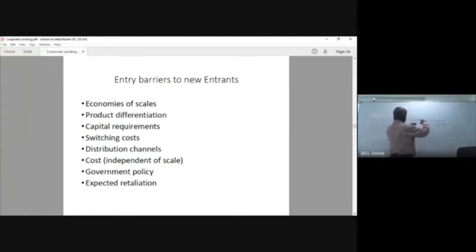So when you increase the number of products, the variable cost will increase, but the fixed cost won't increase.